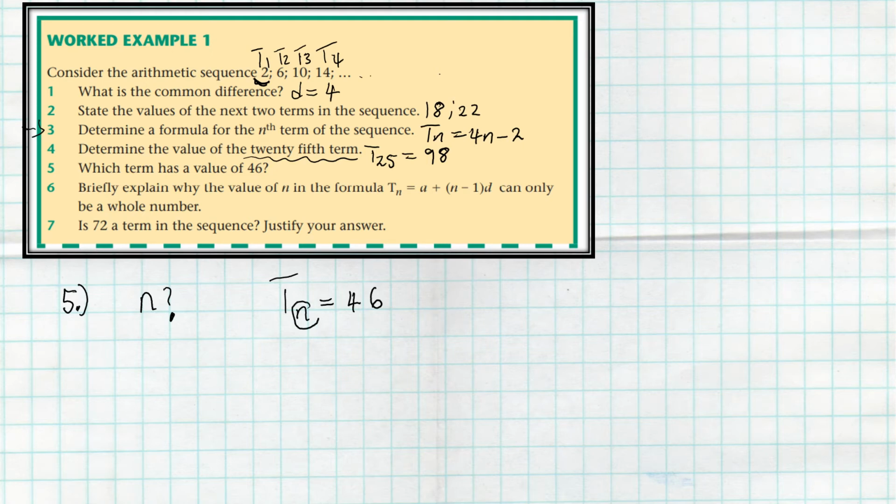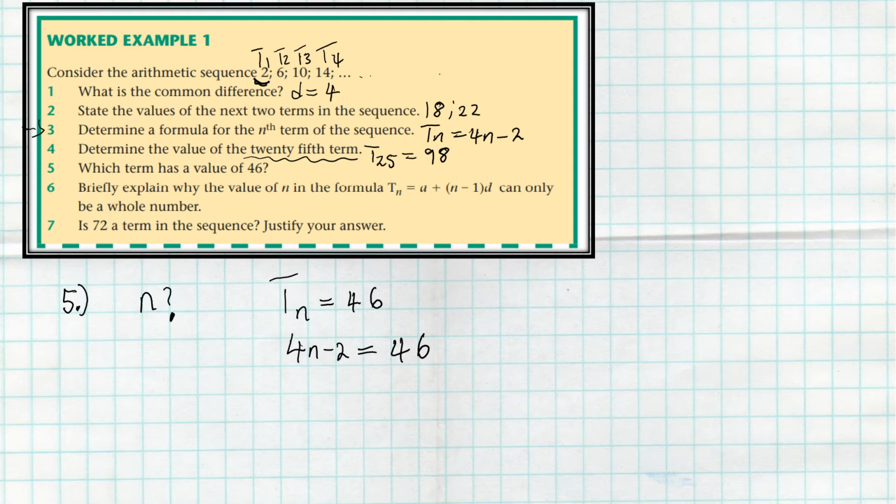We don't know this term number, that's why they said which term has a value of 46. So we make our Tn equal to 46. We know Tn is 4n minus 2, equals 46. So we solve for n.